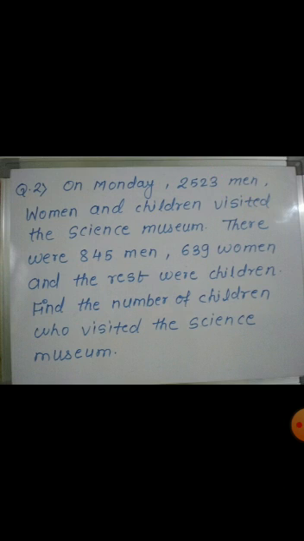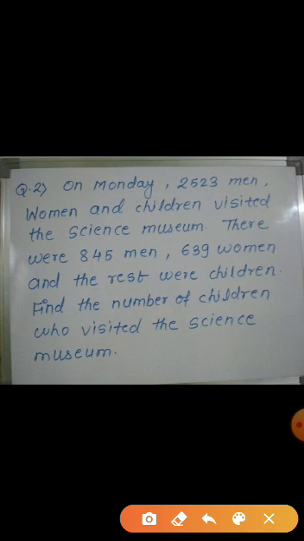So we are given the number of people, 2523, which includes men, women as well as children. Out of these, 845 were men, 639 were women, and the rest were children. Rest means remaining, and the remaining were children.